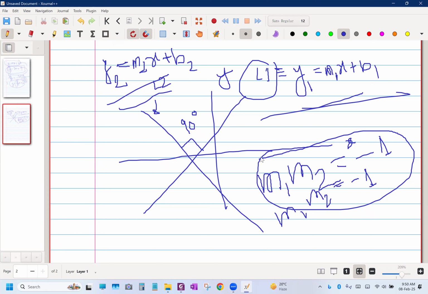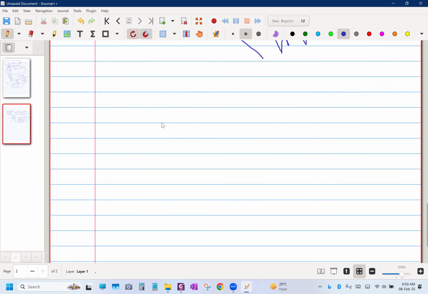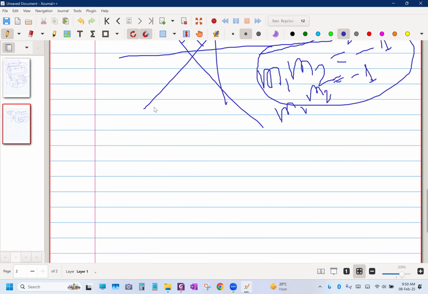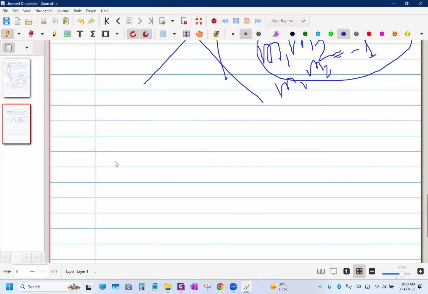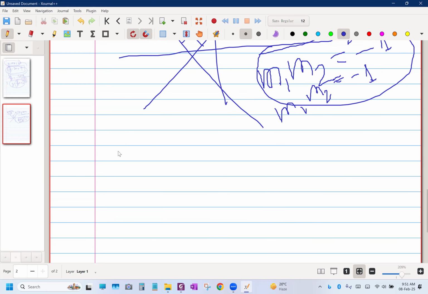That is basically a theorem, and if you really want to know why it is -1, then I just need to talk much about coordinate geometry. There is a proof which tells you why this product M1 and M2 equals -1. But at this moment you can just memorize it: M1 into M2 equals -1.